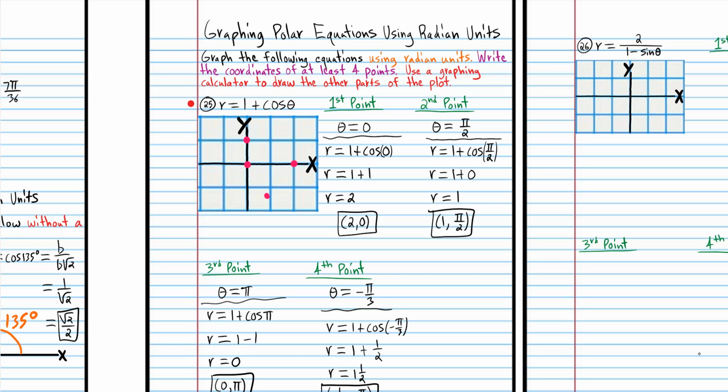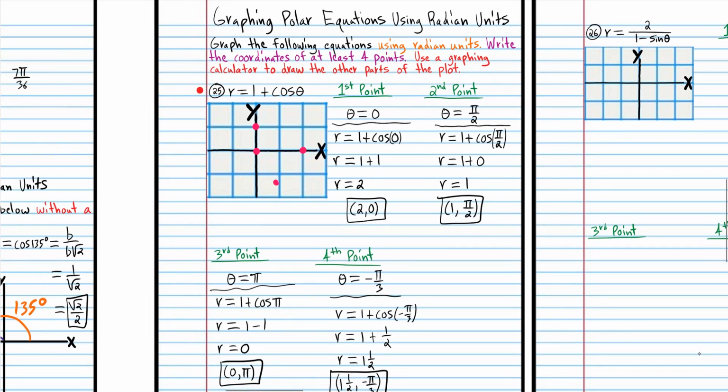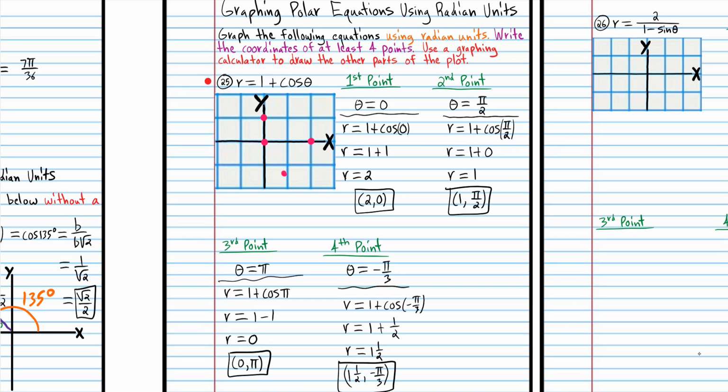Now the step says 1 degrees, but that's not degrees, that's radians. 1 degree is an okay interval for your theta values if we're in degree units, but it's not okay at all if you're in radian units, because that would be the equivalent of like 57 degrees. So your calculator would graph a point every 57 degrees.